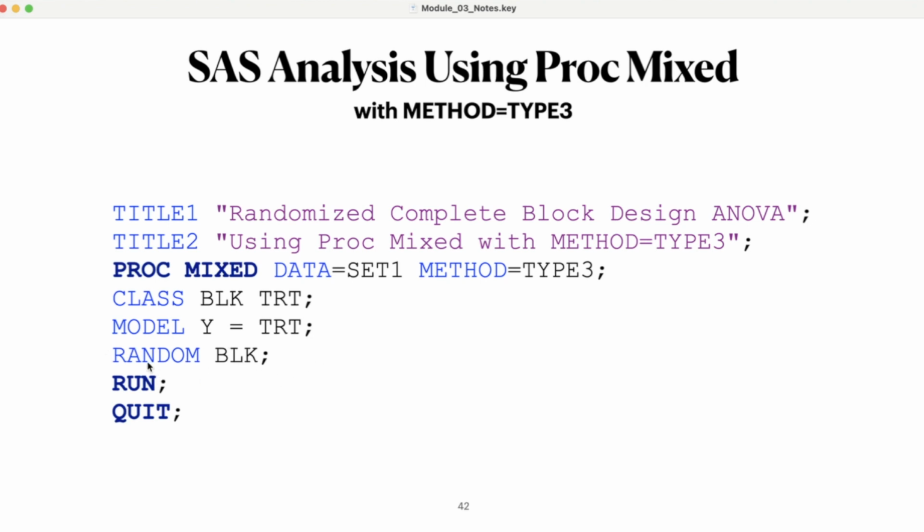So we issue the random statement, which says that the variable or variables that follow are random effects, and we have one random effect besides the random error term in this model, that is block, BLK, and so we just specify that. And so for a randomized complete block model, that's all we have to do in order to set up the model correctly.